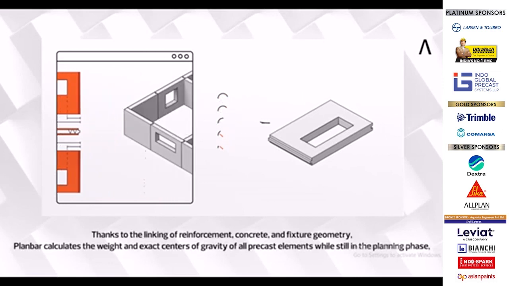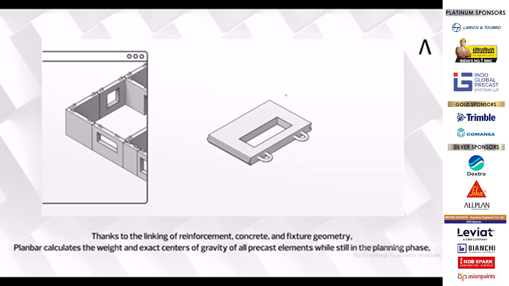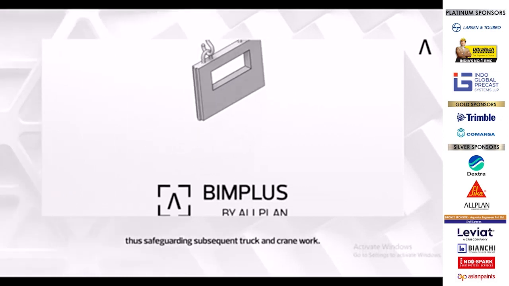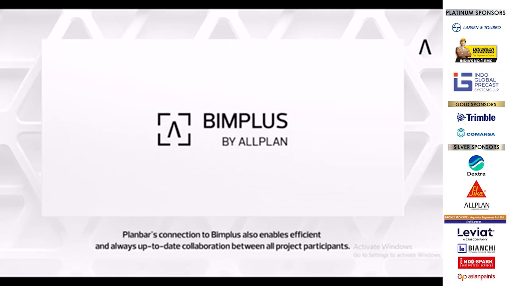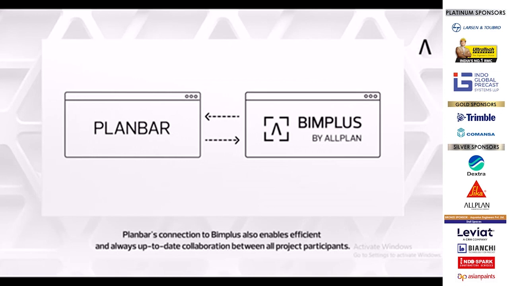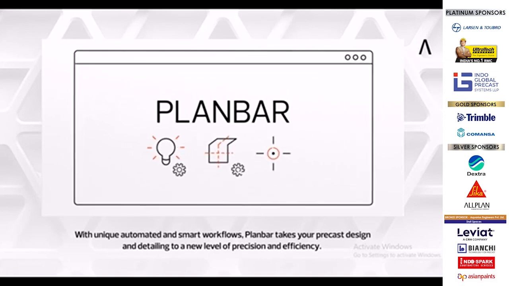Thanks to the linking of reinforcement, concrete and fixture geometry, PlanBar calculates the weight and exact centers of gravity of all precast elements while still in the planning phase, thus safeguarding subsequent truck and crane work. PlanBar's connection to BIM Plus also enables efficient and always up-to-date collaboration between all project participants. With unique automated and smart workflows, PlanBar takes your precast design and detailing to a new level of precision and efficiency.